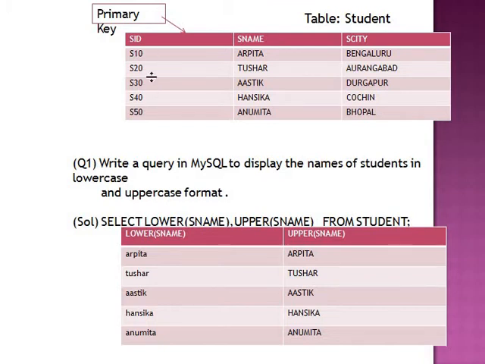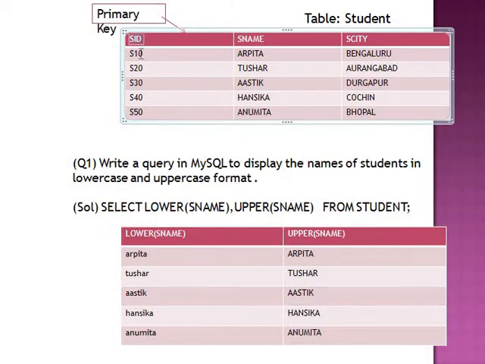The entry S10 is occurring only once, S20 is also occurring only once. Same is the case with the entries S30, S40 and S50. So we can say that all these entries are distinct or unique for this column named SID, and it's for this reason that this column SID can be considered as a primary key column.